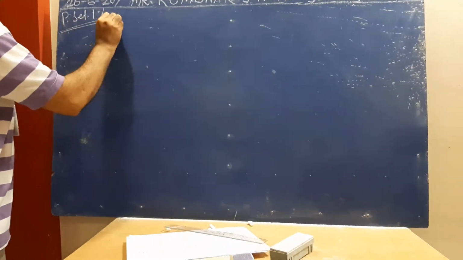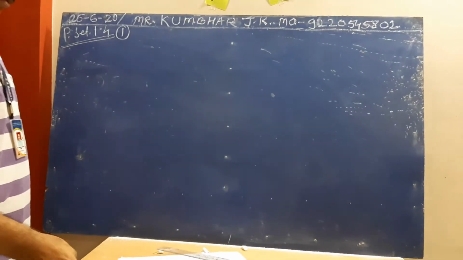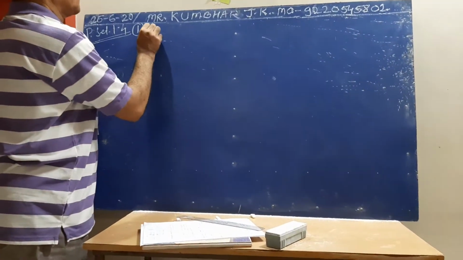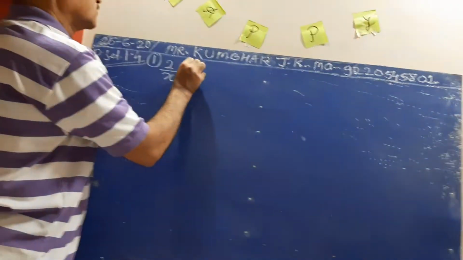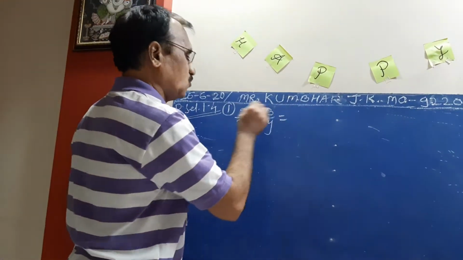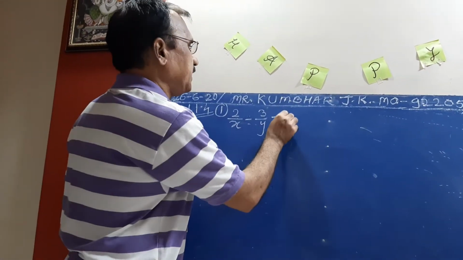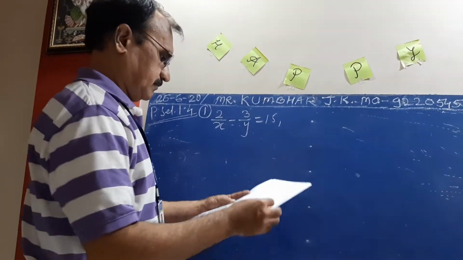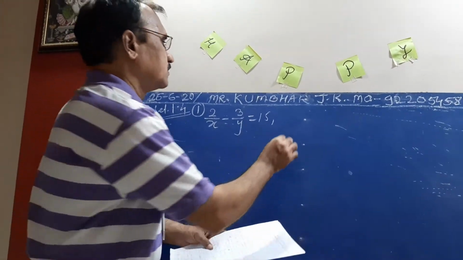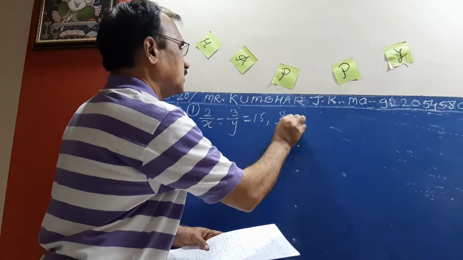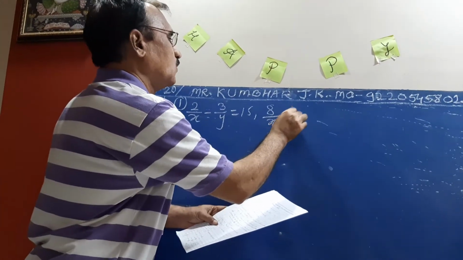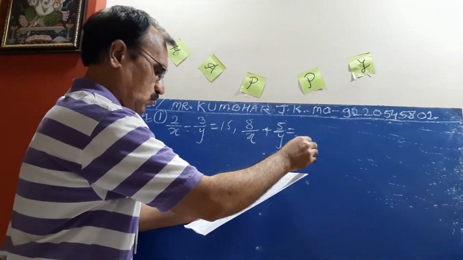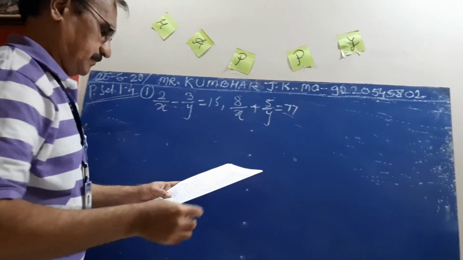Example number 1: 2 upon x minus 3 upon y is equal to 15, and 8 upon x plus 5 upon y is equal to 77.